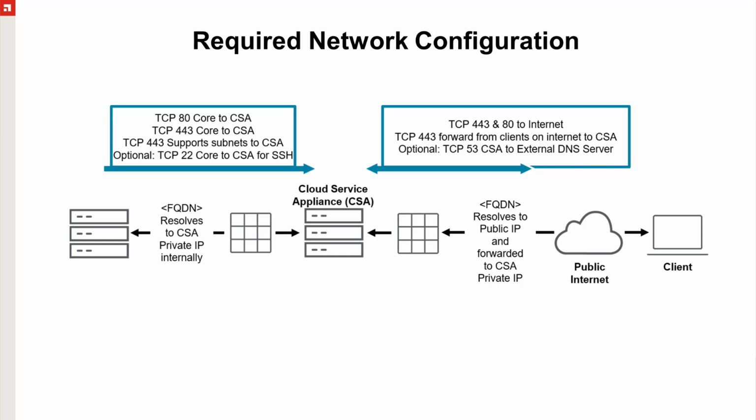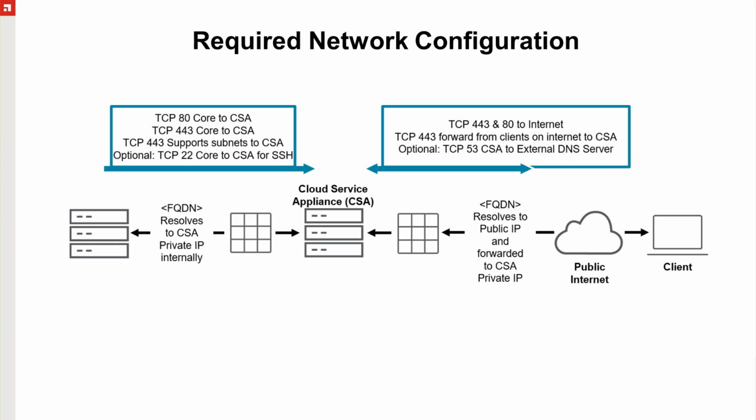Remember, we're going to give the cloud service appliance a fully qualified domain name, and it's usually going to be whatever you want to name it, and your public internet domain. In our case here, we're going to use vantasi.com, but the CSA will be called myCSA, just to keep things simple. I actually suggest you not use CSA in the host name, just to keep things from being too identifiable, but it's up to you.